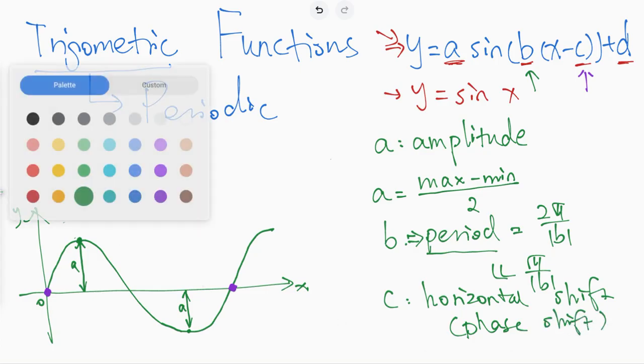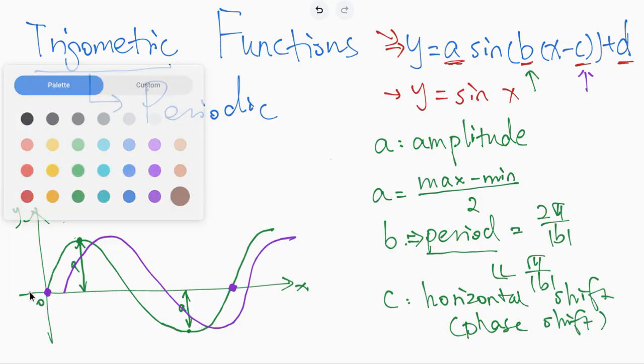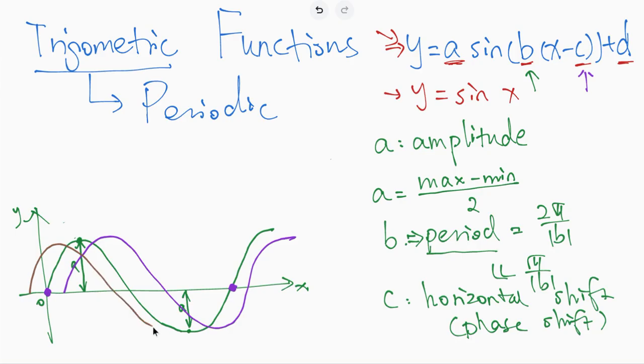So imagine if we shift this whole graph slightly to the right, or maybe slightly to the left. These three graphs, brown, green, and purple, all have the same A, same B, same D. They just have different C. So C is essentially a horizontal shift or a phase shift along the x-axis, or a line that is parallel to the x-axis.